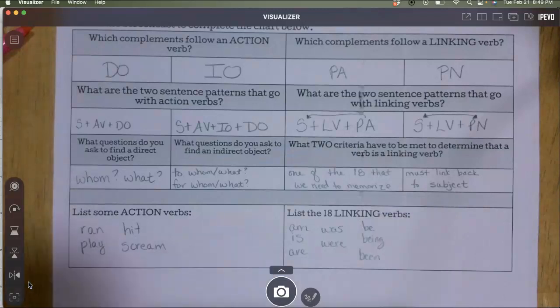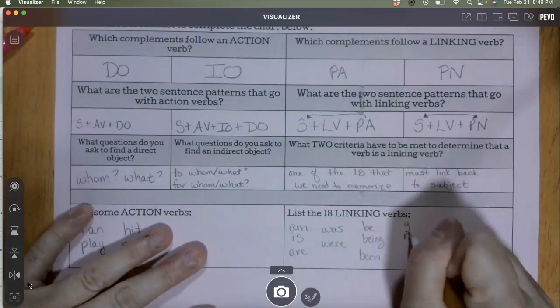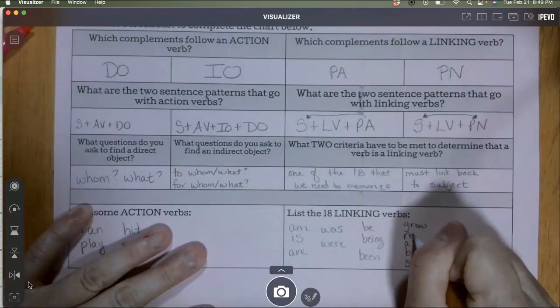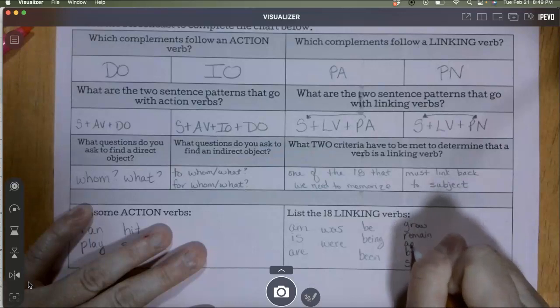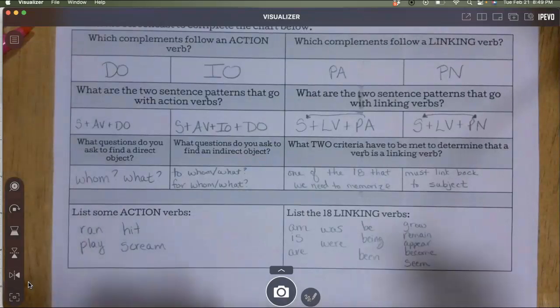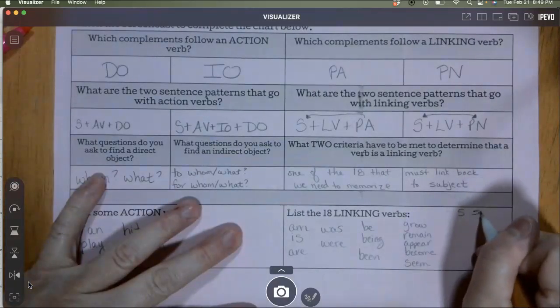And then we have 5 that go with this mnemonic: grabs, grow, remain, appear, become, and seem. And then we had 5 that go with our 5 senses.